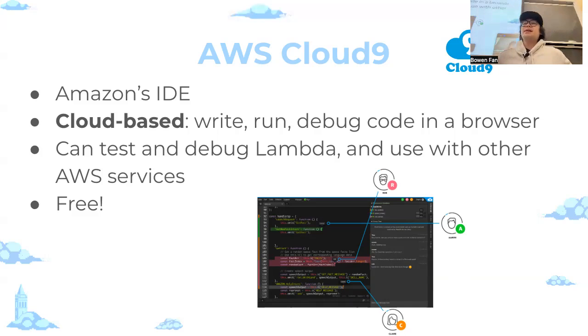So the reason why AWS Cloud9 is so effective is because it's browser-based. It's in the cloud. This is really effective because when you have traditional IDEs that are downloaded to your computer, right? You're downloading the software to your computer, but you can only access that software and your code on that computer. So if you, let's say, have a project in 61B that you developed in IntelliJ, and then all of a sudden your computer breaks, oh no, you just lost all of your access to the IDE and all the code.